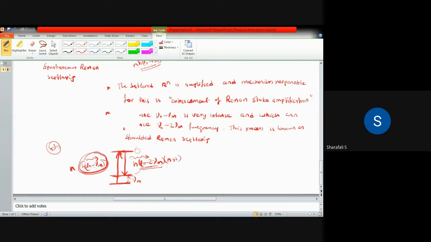This is the process happening in stimulated Raman scattering. From this you can easily observe that the number of photons increases, and hence the intensity of the Stokes and anti-Stokes lines will be very intense if you are using a high intensity pulse.